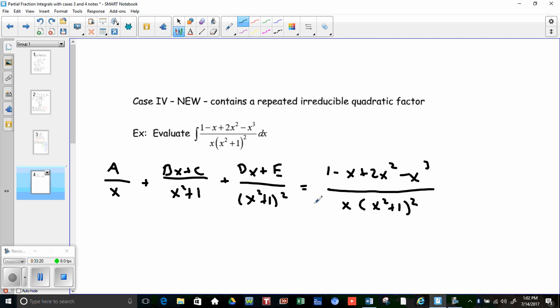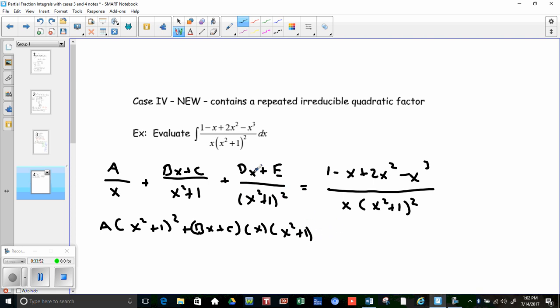All right, multiplying every piece here by the common denominator will leave us with an (x squared plus 1) squared times A. The Bx plus C has an x squared plus 1. It's missing an x and another x squared plus 1. So (Bx plus C) times x times (x squared plus 1).